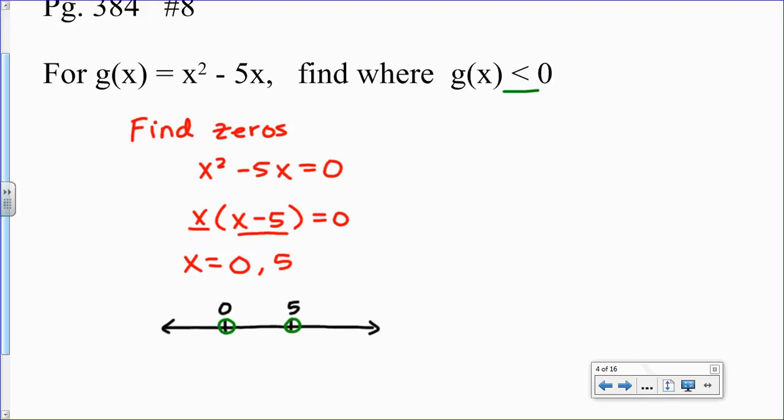All right. This is a quadratic, so what's the graph of a quadratic? Yeah, it's a parabola. And the a value is 1, so does this parabola open up or down? Up. All right, so it looks like this. Something like that.